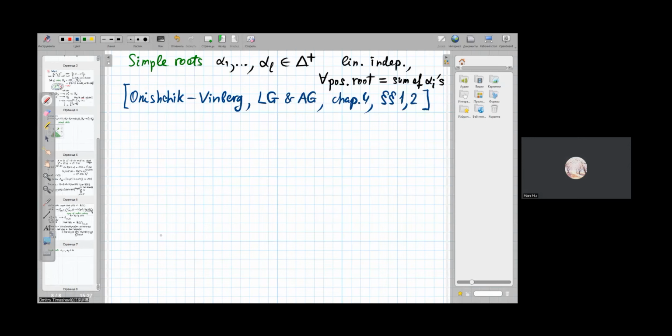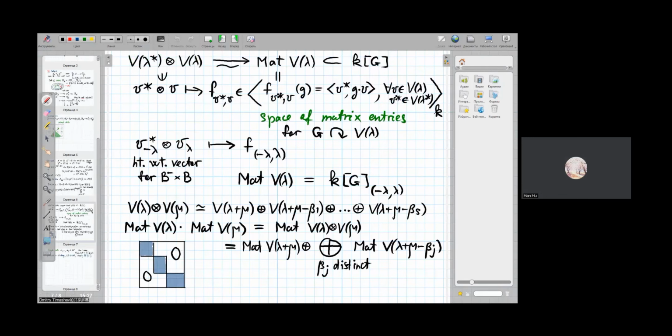Now, recall that we are studying the product of two spaces of matrix entries, matrix entries of V of lambda and matrix entries of V of mu. We want to understand how it decomposes into irreducible summands.